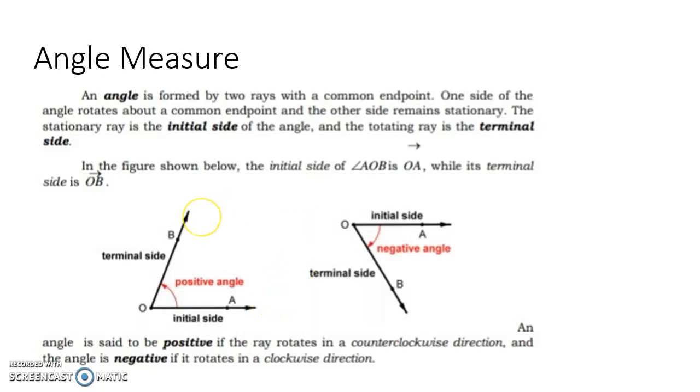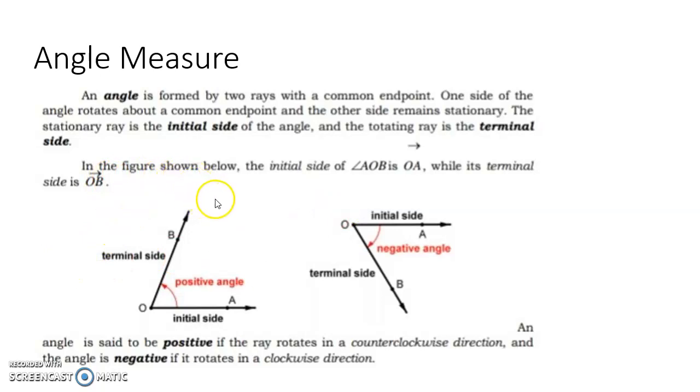An angle is formed by two rays with a common endpoint. One side of the angle rotates about the common endpoint and the other side remains stationary. The stationary ray is the initial side of the angle and the rotating ray is the terminal side.